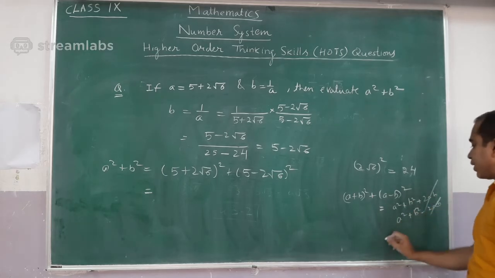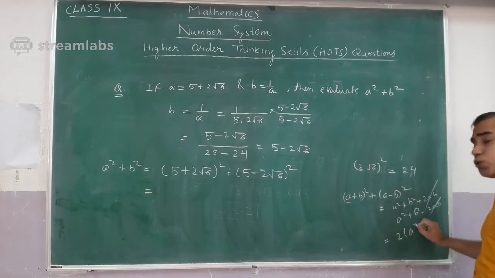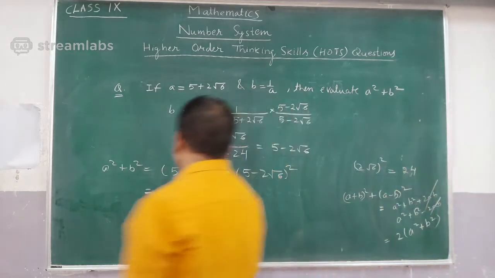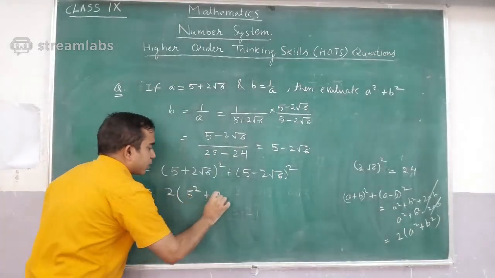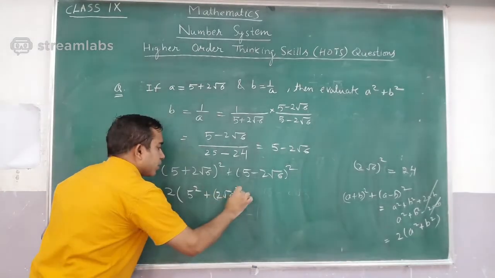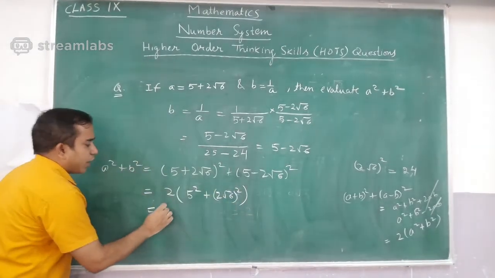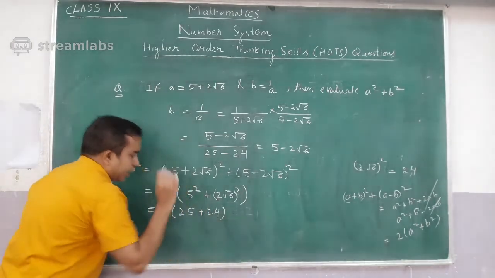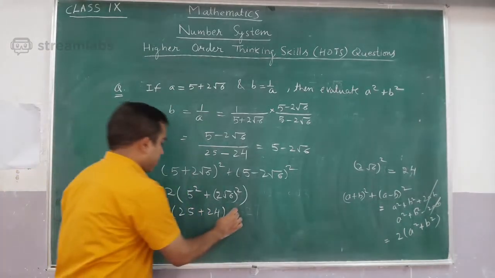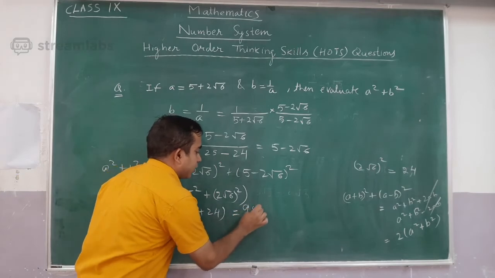The twice ab terms get cancelled, and this is always equal to twice a square plus b square. So this will be nothing but twice 5 square plus 2 root 6 whole square, isn't it? 25 plus 24, how much? 49 into 2, 98. That's it.